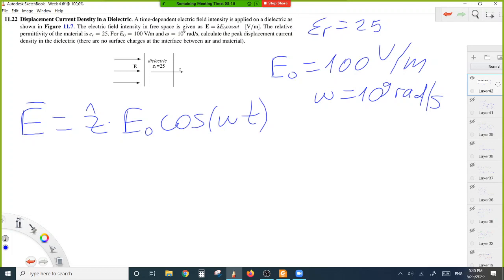So we have here air, and here we have some dielectric material. In free space, yes. Here on the left we have air. On the right we have some dielectric material.